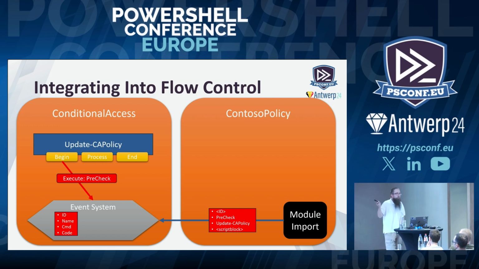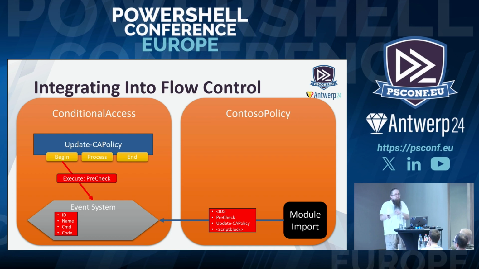Another thing that we can do with this is avoid a dependency loop. This Contoso policy is going to have a dependency on conditional access. Even if they are within the same organization and could easily modify both modules, having circular dependency is kind of a problem.